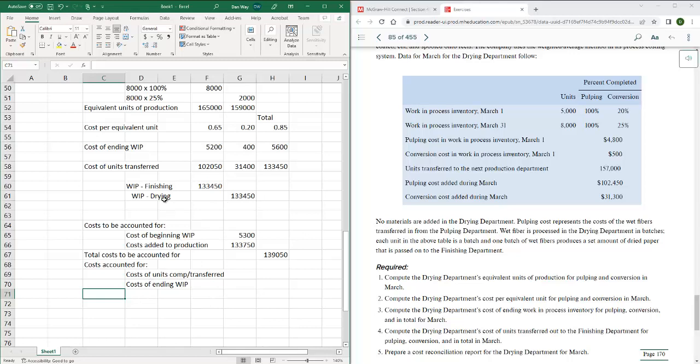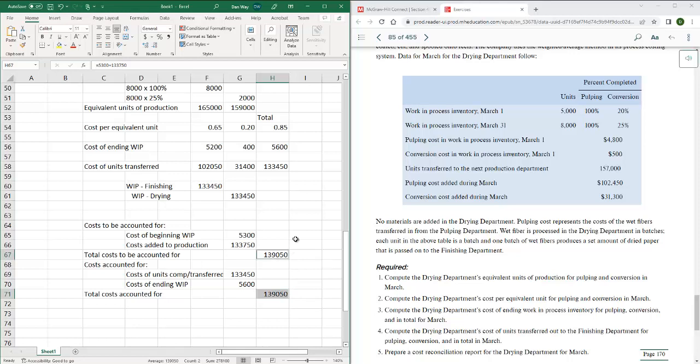The cost of units completed and transferred we determined was $102,050 for pulping, $31,400 for conversion, for a total of $133,450. And similarly, we could determine the cost of ending work in process, $5,200 pulping, $400 conversion, or a total of $5,600.